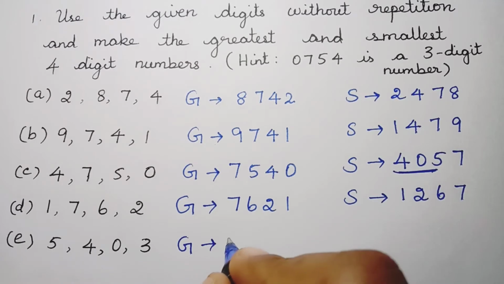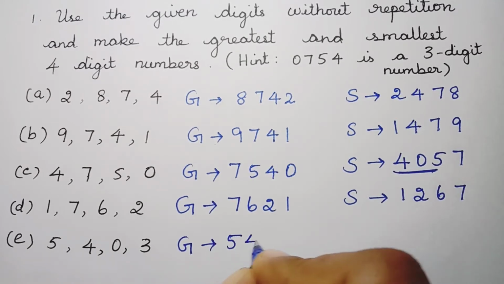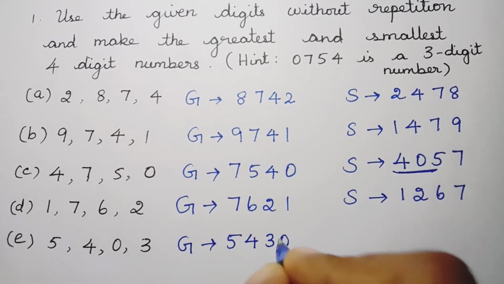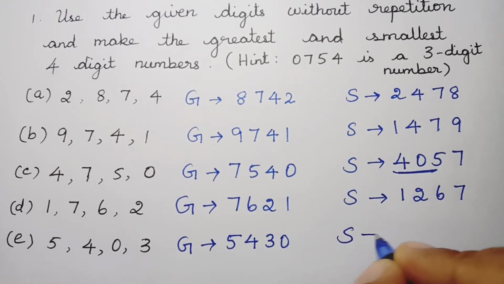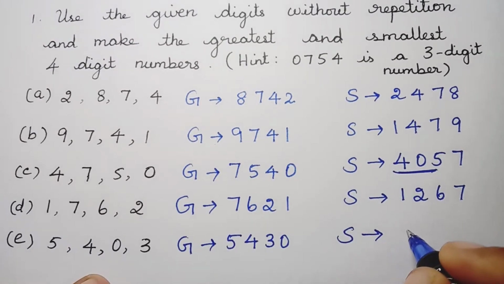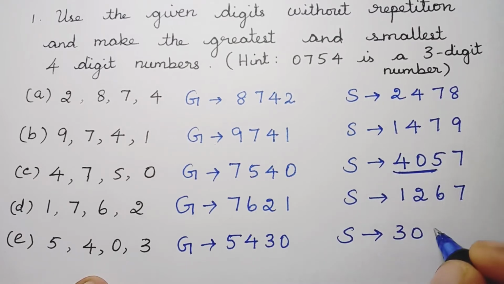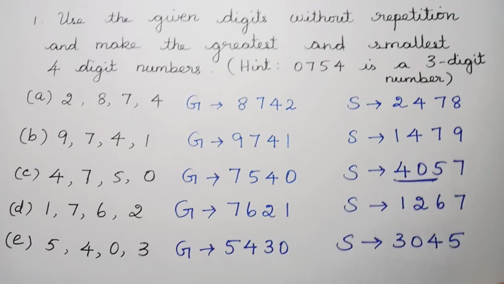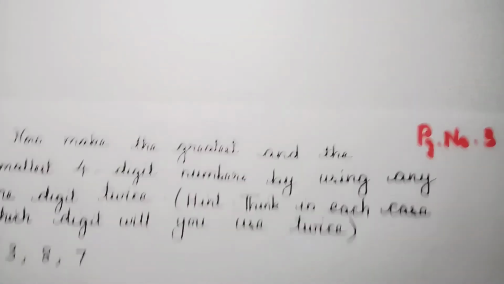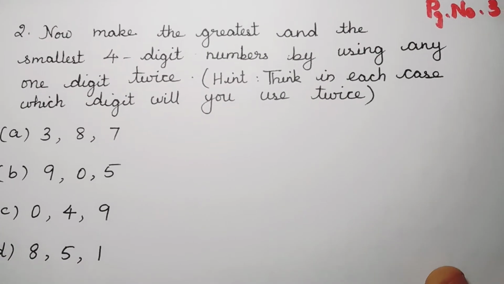Just write it in the descending order: 5, 4, 3, 0. What is the smallest number here? You have 0, so you have to shift this. So 3, 0, 4, 5 is the smallest number using these numbers. Okay, so we will move on to the next question.